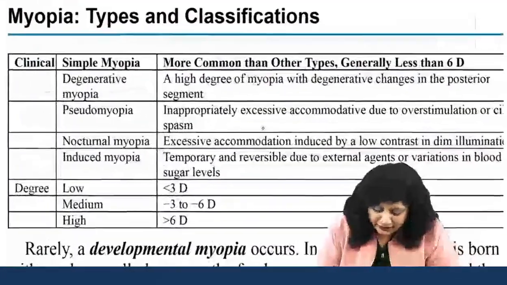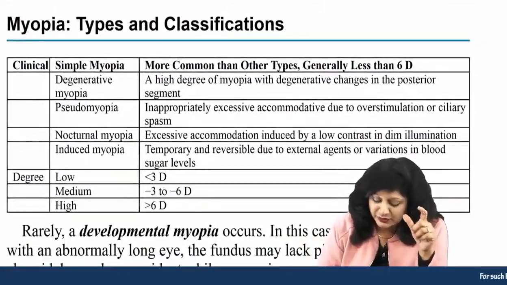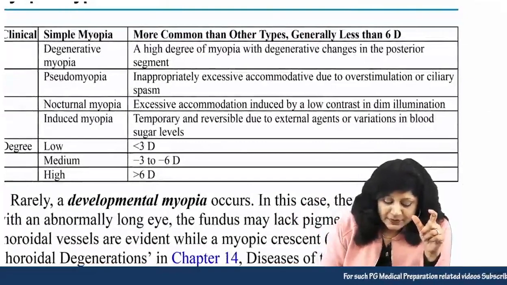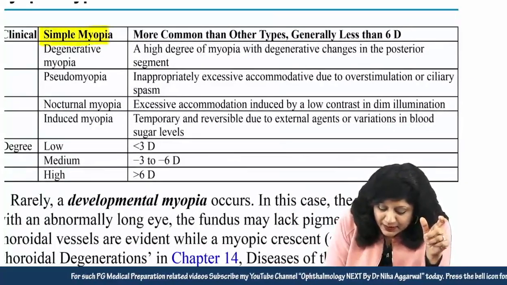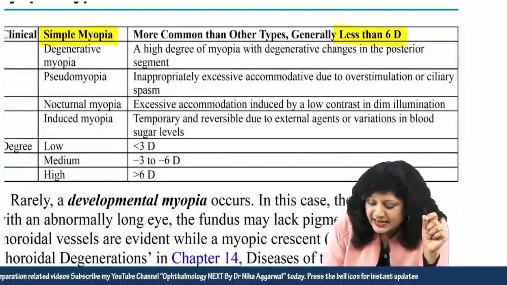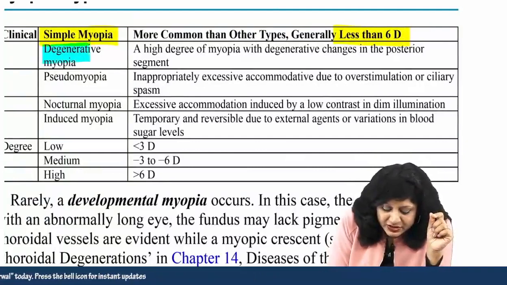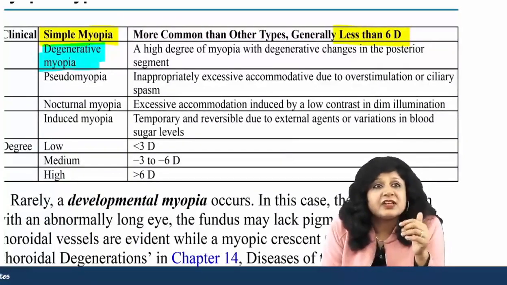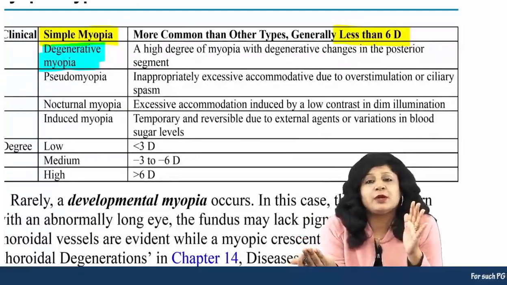Now here they have given you the types as well as the classification and clinical features. If you look at simple myopia, a person who has simple myopia is usually less than 6 diopters. When they talk about degenerative myopia, it is exactly the opposite of biological or simple myopia.